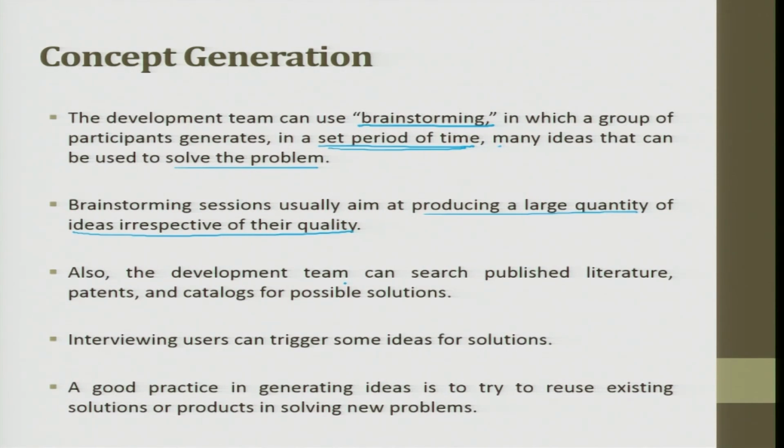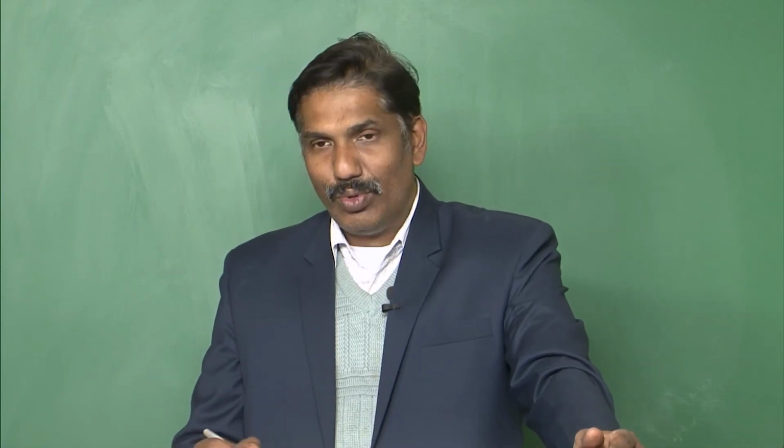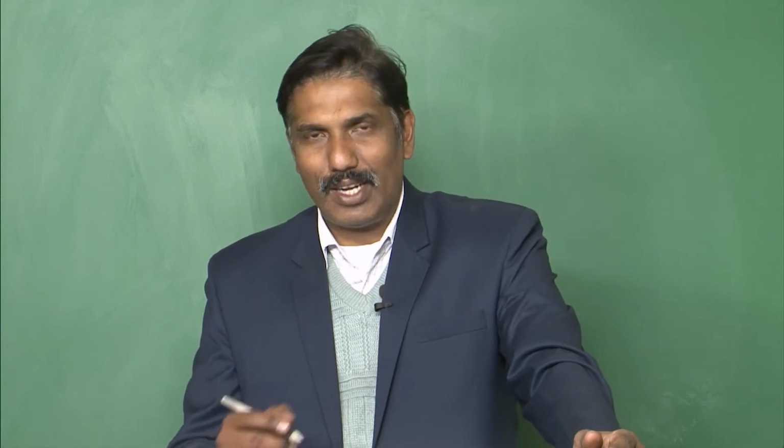Also, the development team can search published literature, patents, catalogs for possible solutions. Interviewing users can trigger some ideas for the solution. A good practice in generating ideas is to try to reuse existing solutions of the products in solving new problems. What is known to you, what is your expertise, use that, tweak that, customize it and try to solve for the particular problem.